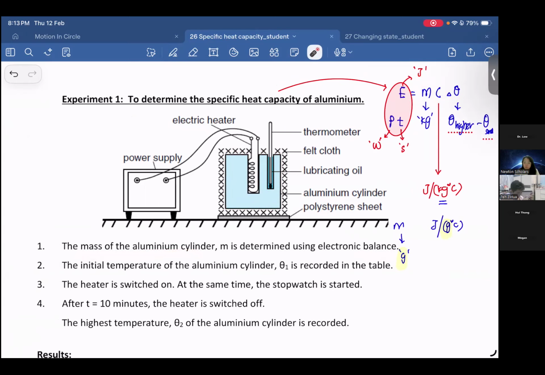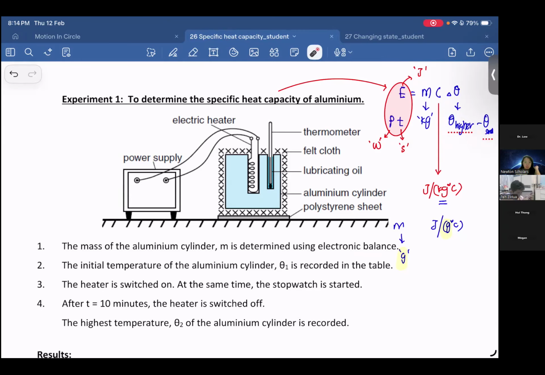Then you have to find the change in temperature. You need the initial temperature, and after heating up, the final temperature. You need two temperatures to find the change. Your initial will of course be lower because we heat up, so we use the final minus initial to find the change of temperature.